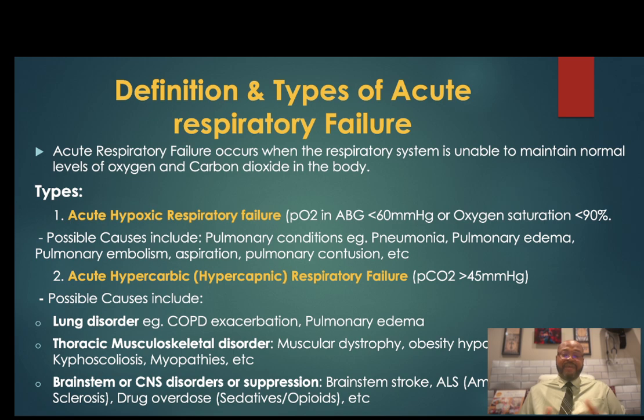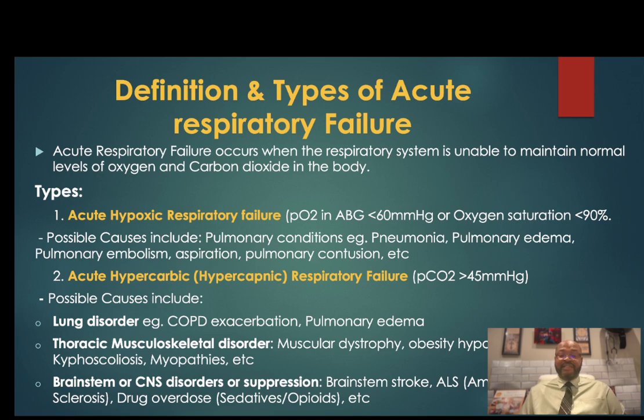And you also have acute hypercapnic respiratory failure, where the carbon dioxide pressure is higher than normal, which is 45 millimeters mercury. Some of the possible causes can come from the lungs, like COPD exacerbation and pulmonary edema. They can come from musculoskeletal disorders affecting your breathing, like muscular dystrophies, obesity hypoventilation syndrome, deformities in the chest like kyphoscoliosis, myopathies, etc. Of course, brainstem disorders, like we mentioned, the brainstem does get involved in respiratory drive.